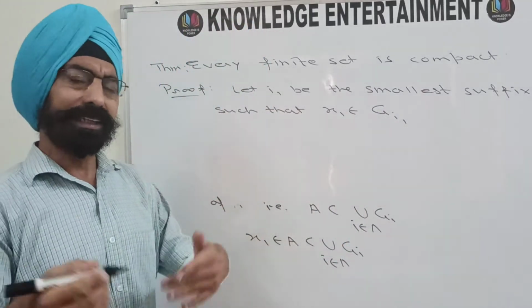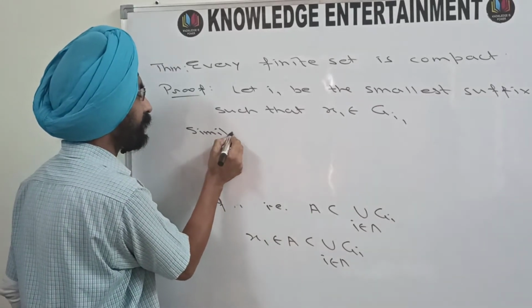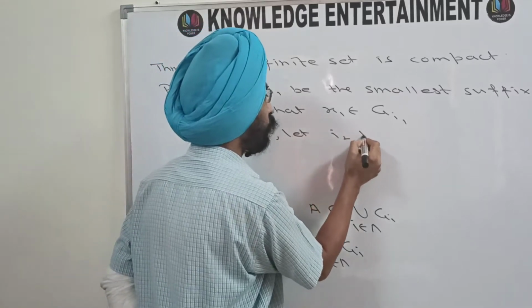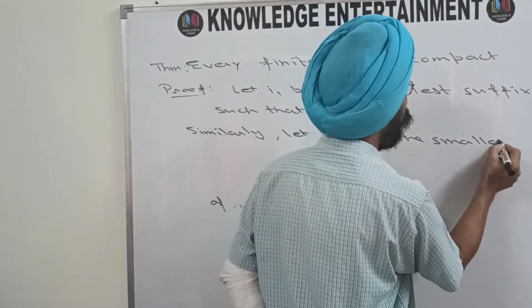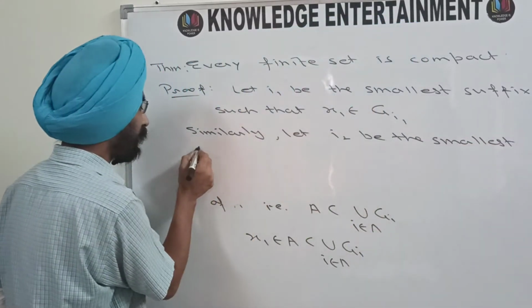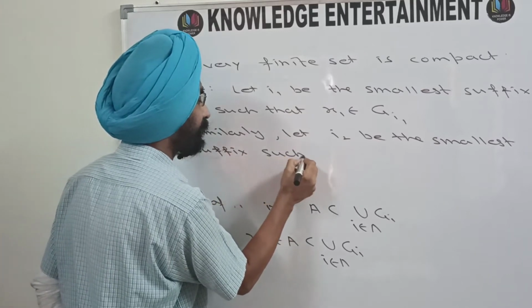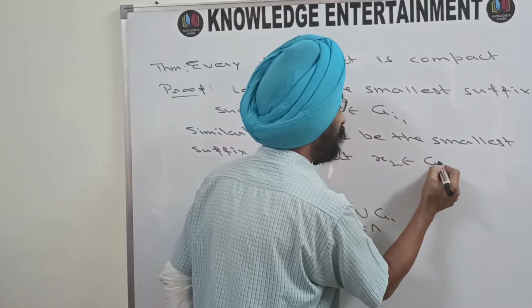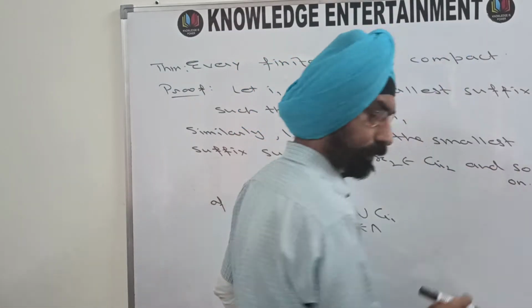Similarly, let i2 be the smallest suffix such that x2 belongs to Gi2, and so on and so on.